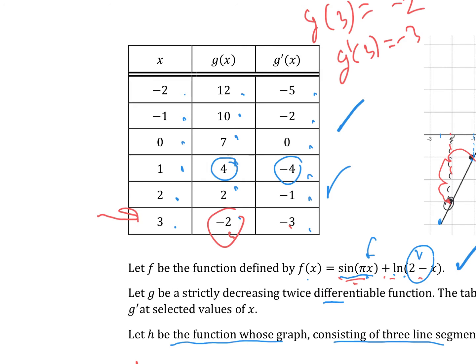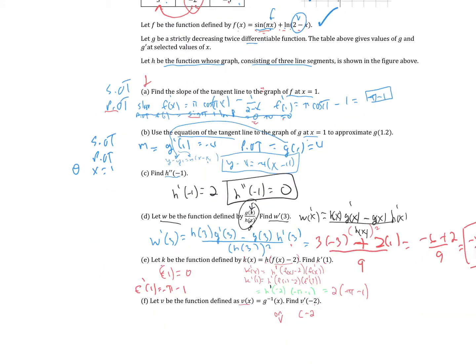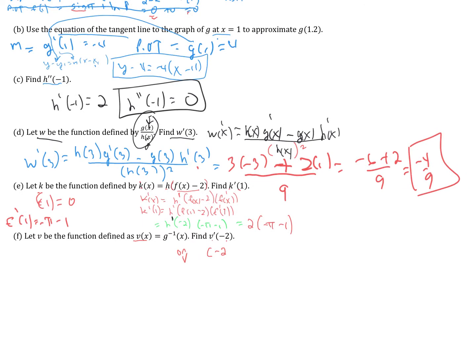I'm looking at the negative 2, and that flips to the 3. So that point was negative 2, 3, but on g, it's 3, negative 2. Okay, because for the inverse, we flip the x and the y.